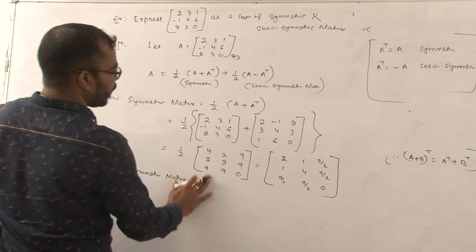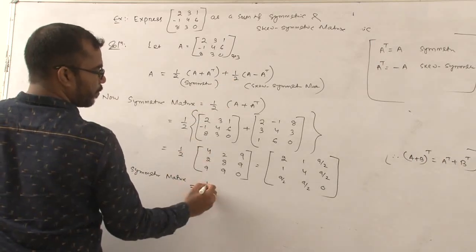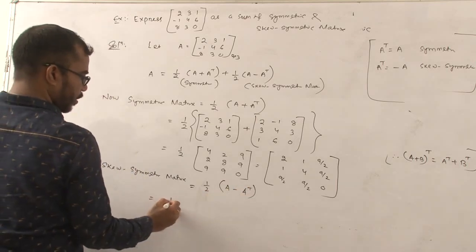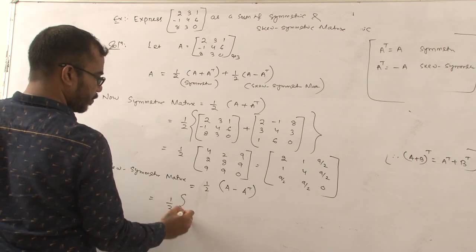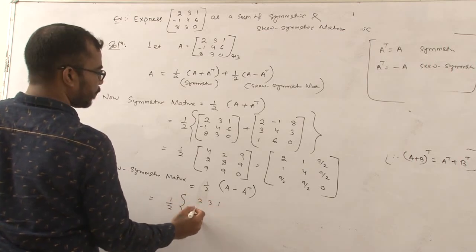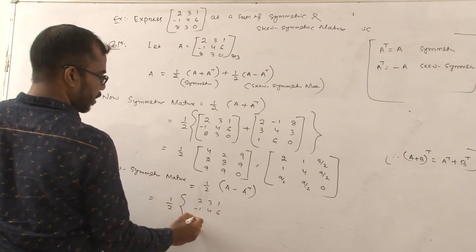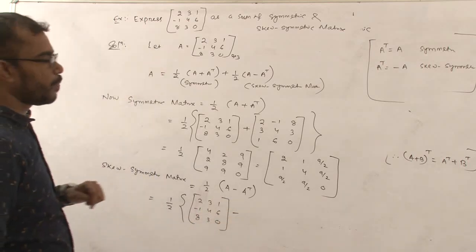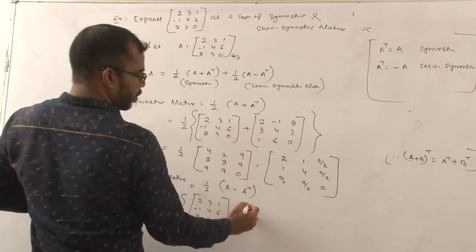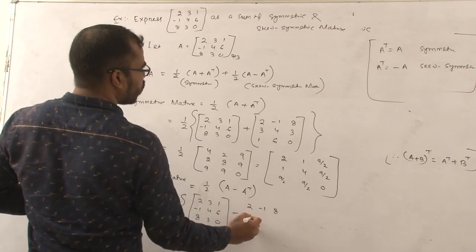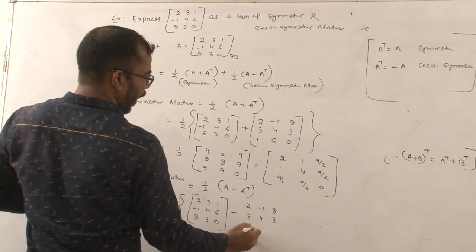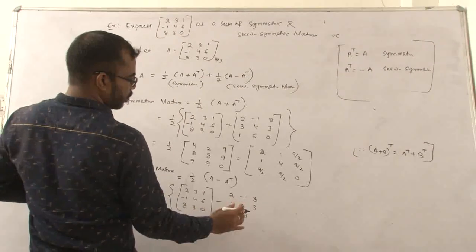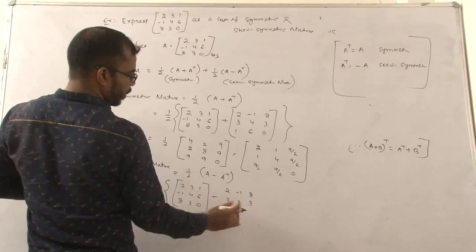The value of the skew symmetric matrix is half of A minus transpose of A. If we put the value of A, we get 2, 3, 1, minus 1, 4, 6, 8, 3, 0, minus the transpose of A. The value of the transpose of A is 2, minus 1, 8, 3, 4, 3, 1, 6, 0.